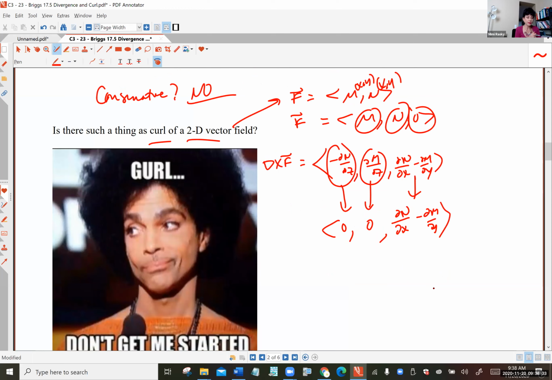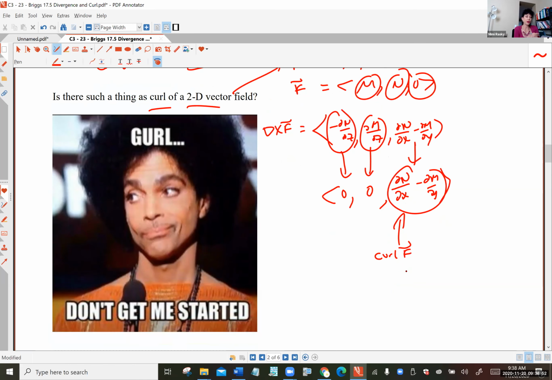So a lot of times, and this is what Briggs does, Briggs says this right here is the curl of your 2D vector field, which is a little bit cheesy because curl is supposed to be a vector field, not a component of a vector field.